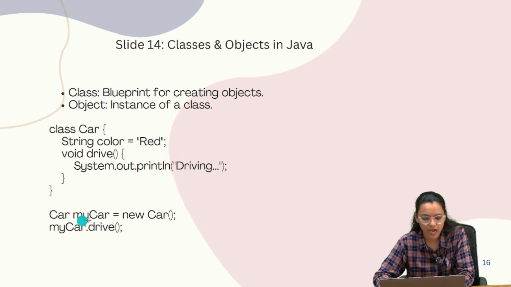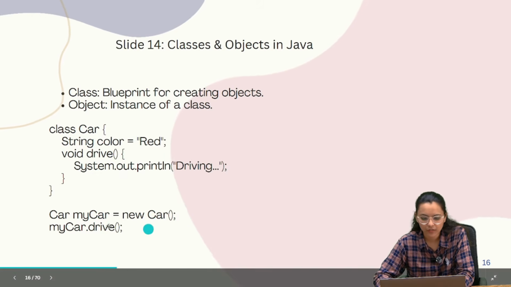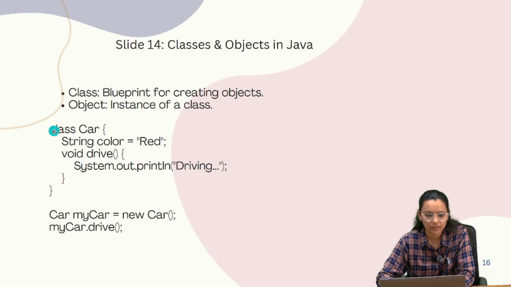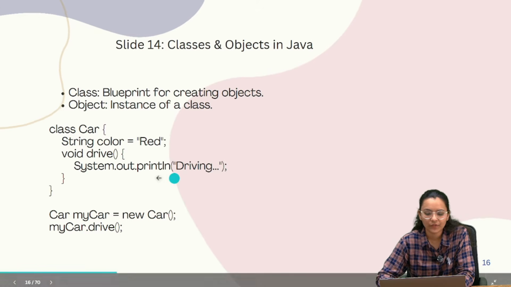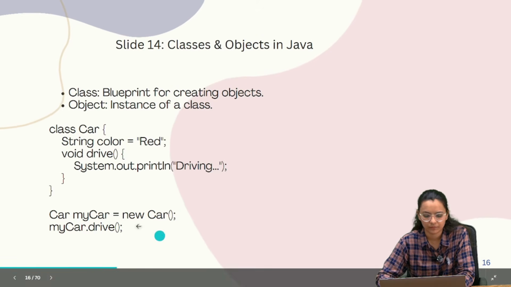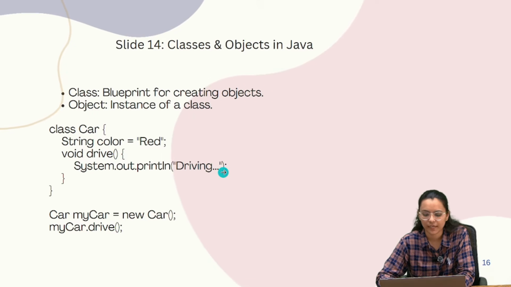Here the object is created, and here we are calling the method. After writing this whole program, we will get the output "driving" because we are calling the drive method.